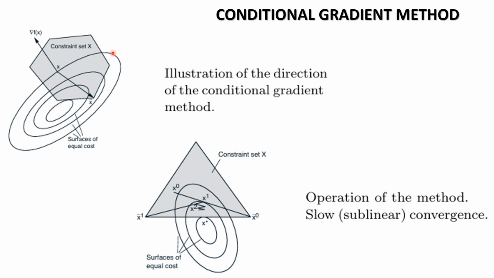For example, this picture is an illustration of the conditional gradient method, also known as the Frank-Wolfe method, used for solving constrained optimization problems of the form minimum of function f(x) on the set X. So the feasible set X, this gray polygonal region labeled constraint set X, is a convex polytope, a bounded convex set defined by linear constraints.